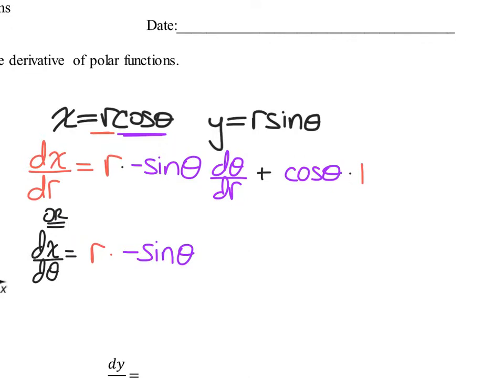But it's with respect to theta, so I don't need a dr d theta dr d anything, because it would be d theta, which would go to 1. Plus the second function, which is cosine of theta, times the derivative of the first, which would be dr d theta.